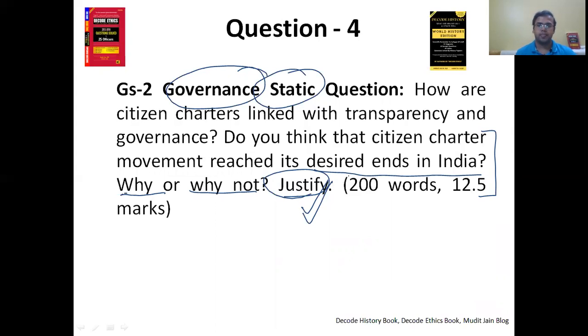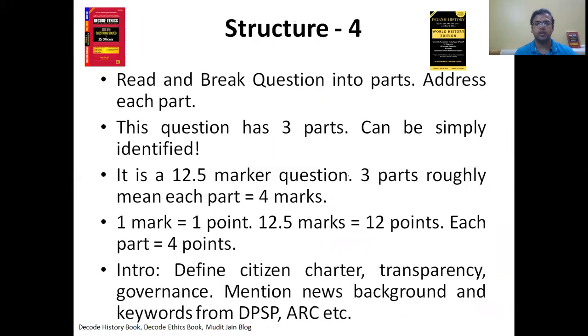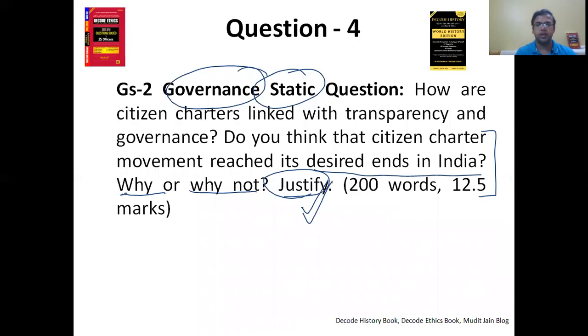So again, it is a simple question, so let us not wait to identify the parts. It has three parts. These can be simply identified. Like the first part is how it is linked with transparency and governance.